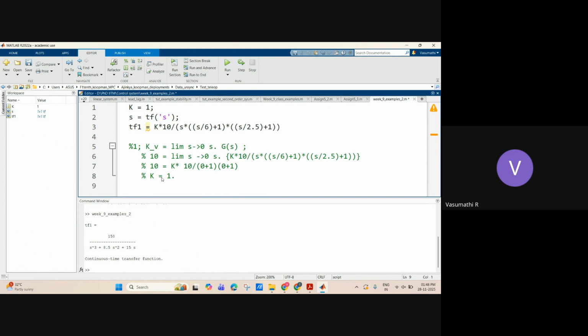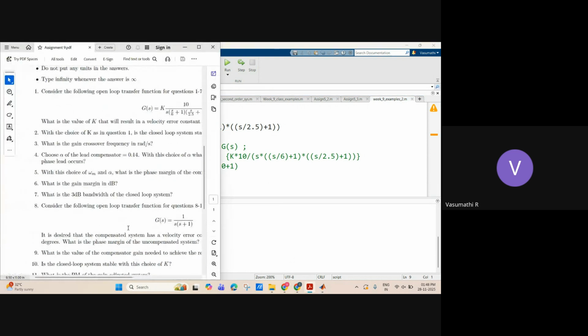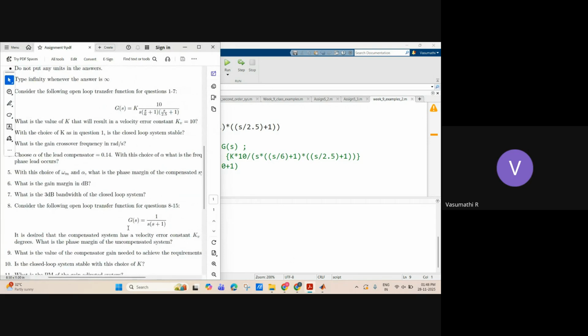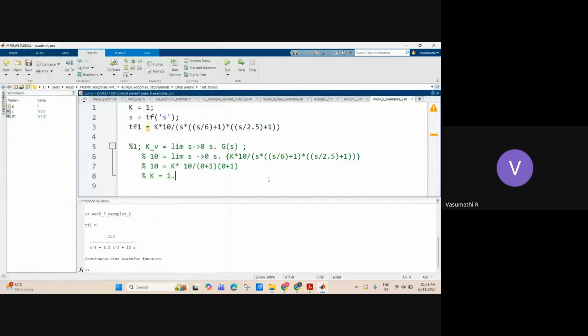Going ahead with the second question. What is the second question? With the choice of k as in question 1, is the closed loop system stable? I will tell you how to find the stability in MATLAB. Meanwhile, you can calculate that by hand.